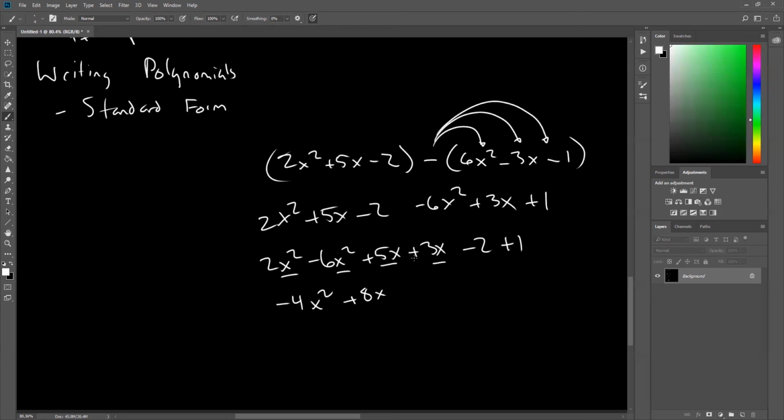Add the coefficients, 5 plus 3, 8x. Minus 2 plus 1, same degree of 0, right? Because it's x to the 0, so you can assume that. So then we just add that together, we get minus 1. So that's the answer. That makes sense? Yes.